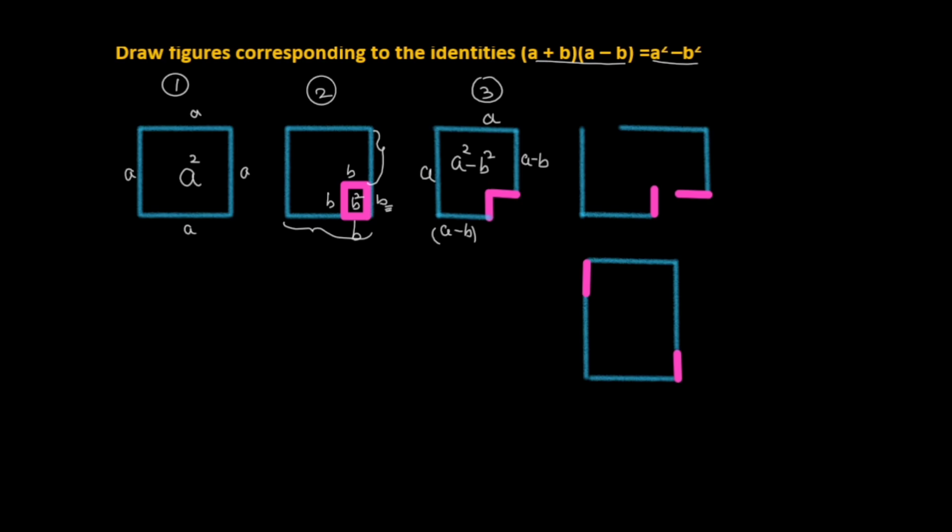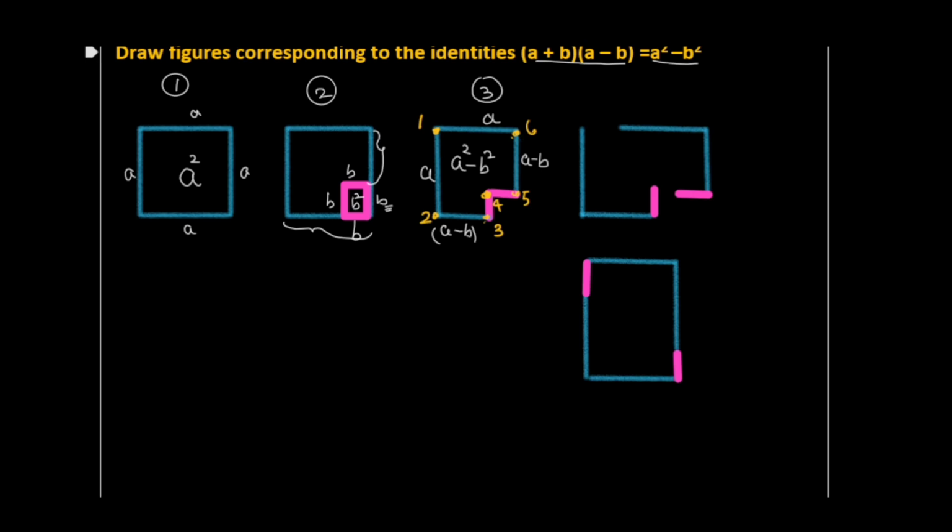Now name the vertices. This is vertex 1, vertex 2, vertex 3, vertex 4, vertex 5, vertex 6. Now using vertices 1 and 4, we are going to cut this figure.